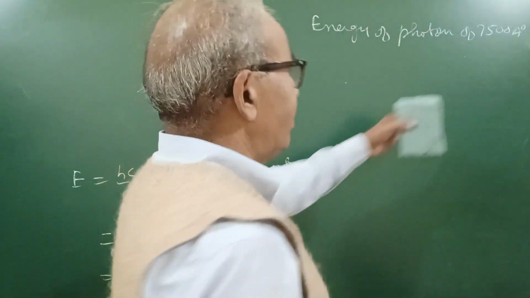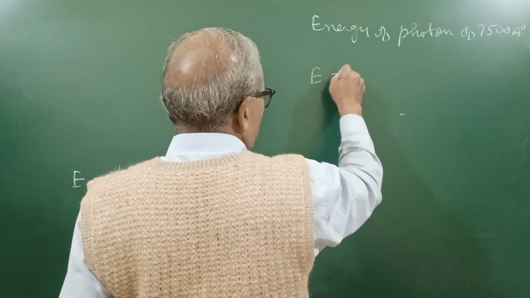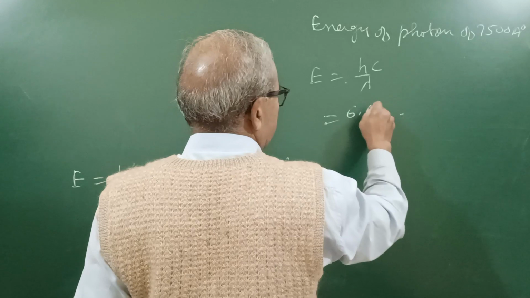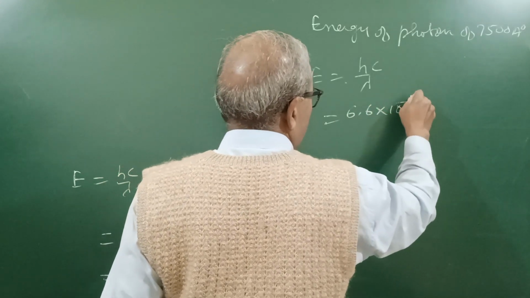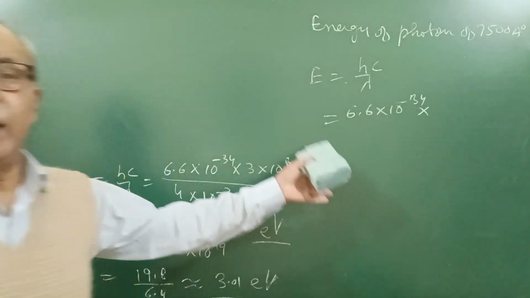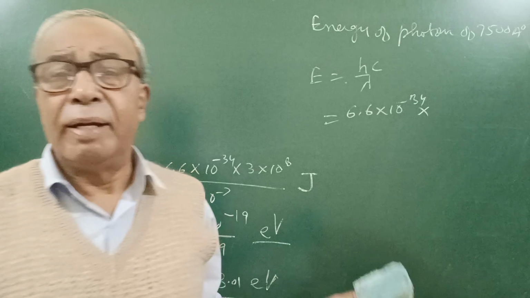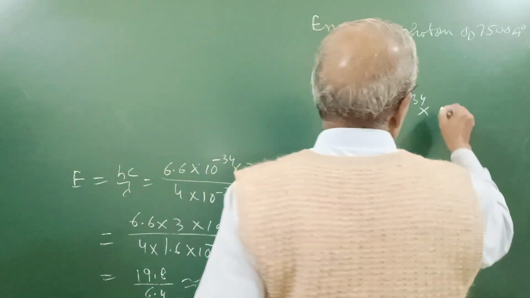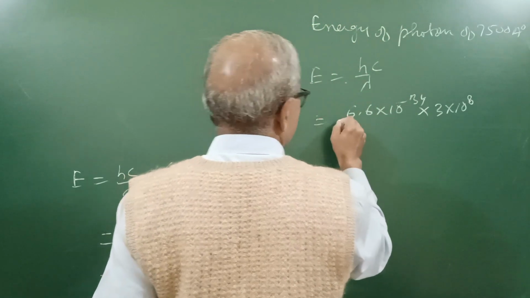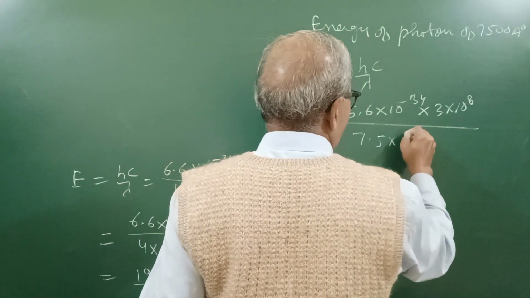I can take 7,000 also. So E equals hc upon lambda, 6.6 into 10 to the power minus 34. Please do it yourself. Don't think that since we have done it and you have read it, you can do it. Take another wavelength and find the value of energy: 3 into 10 to the power 8 upon lambda, 7.5 into 10 to the power minus 7.